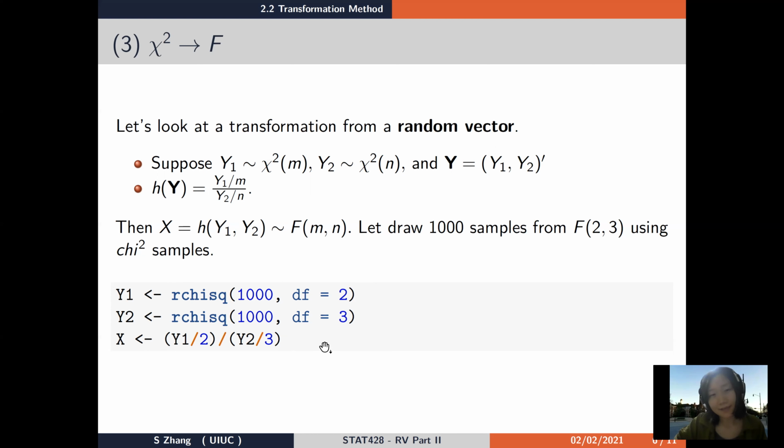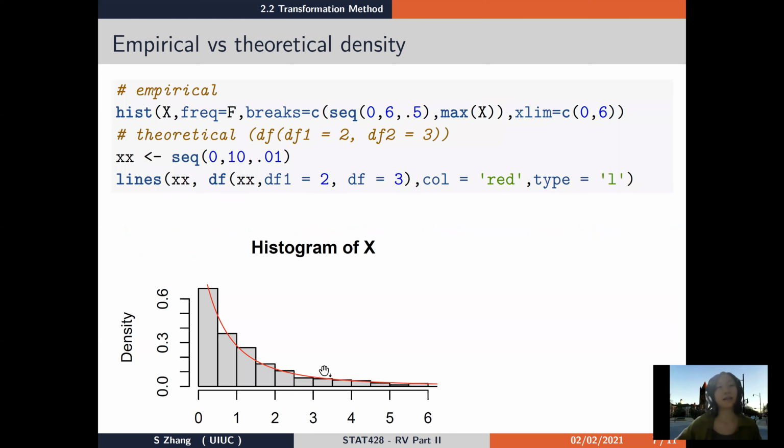And hopefully we can see that the x's that we have obtained this way have the same or very similar distribution as the F distribution with 2 and 3 degrees of freedom. So let's see if that's the case. Again, we plot the empirical density of the x's that we have drawn, and then we overlay the theoretical density. In this case, the theoretical density for the F distribution is obtained using the df built-in function in R, and that gives you the PDF or the density of the F distribution.